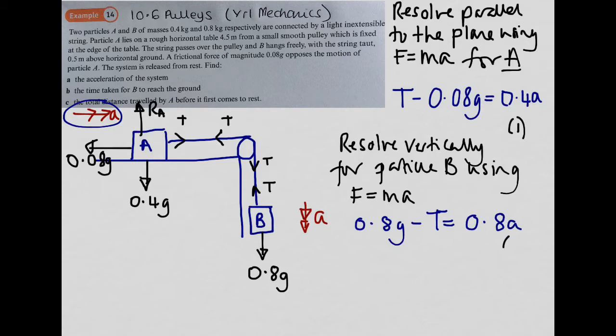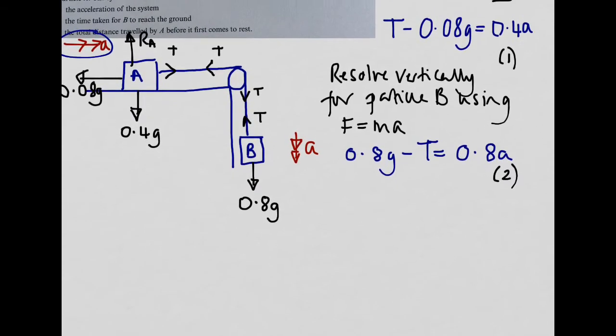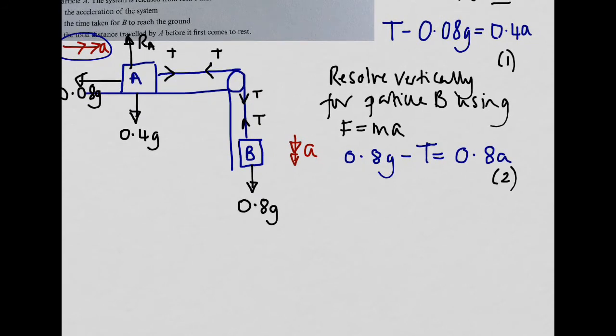If you ever get stuck on one of these questions, can I just say, for pulleys, the best thing to do is to resolve using F equals ma for each particle separately, and then see where you can go. So from here, where can I go? Well, I can find the acceleration because I've got two equations now, which I can solve simultaneously.